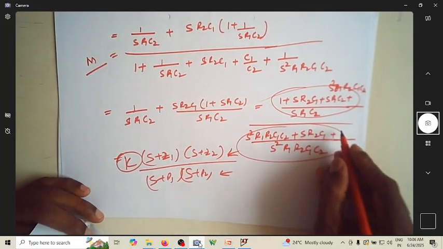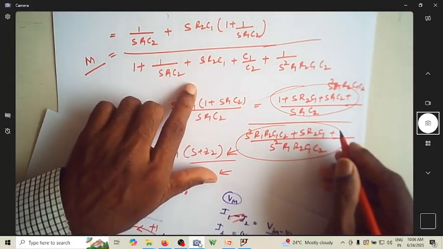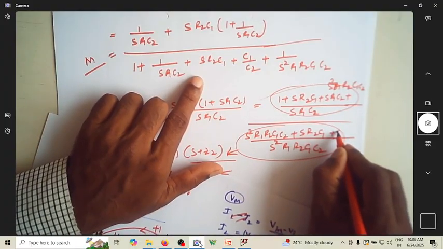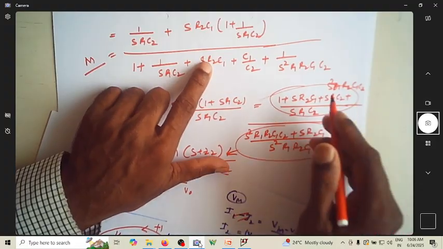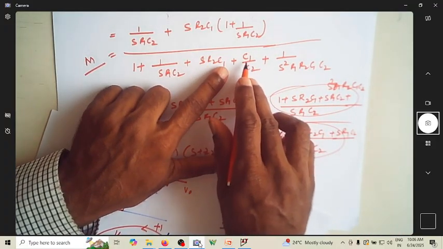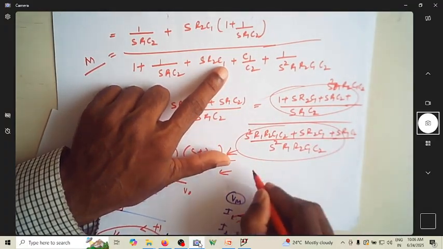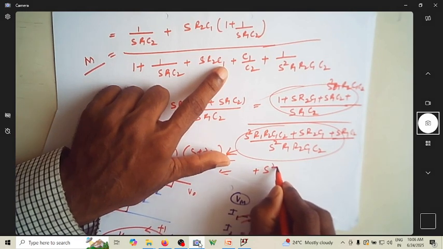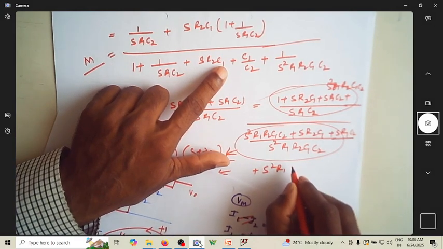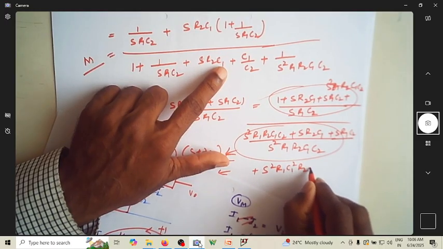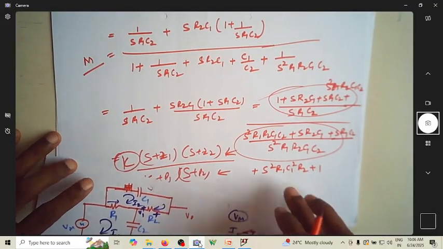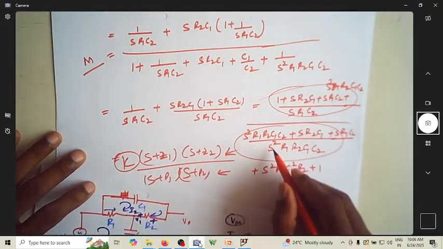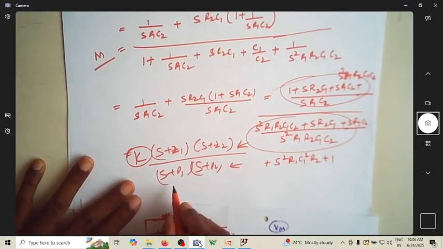Correct. So this will become again plus. So what will happen to this? You will end up with S into R1 C2, and then this C1 will go off. Of course, I'm just continuing there. Plus S square R1 C1 square R2 plus 1. So this is what the denominator is. Then that will go there, so what do you end up with now?